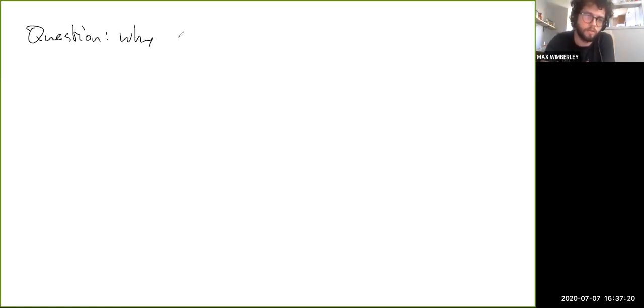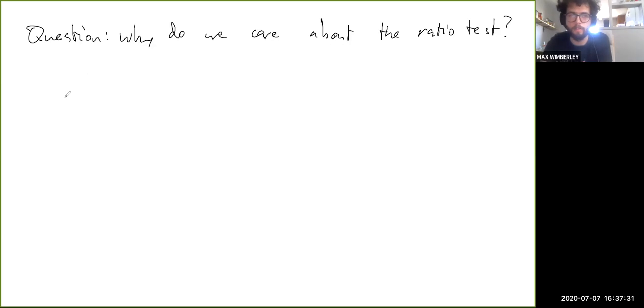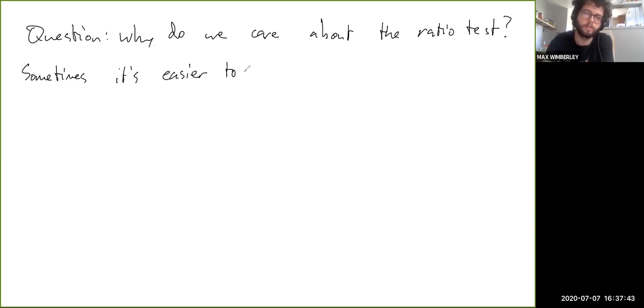Why do we care about the ratio test? If the root test is just more powerful, then why do we even need the ratio test? Well, the answer is that sometimes it's easier to use.